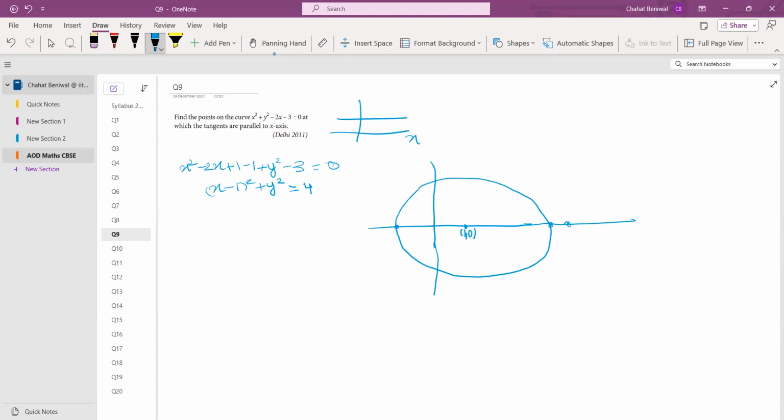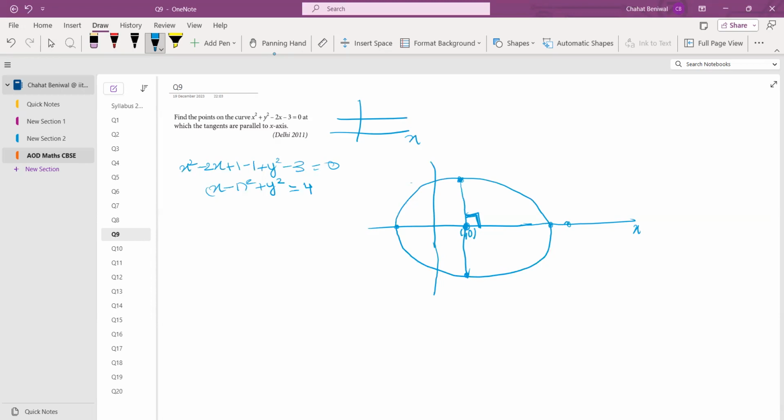So I guess it's very, very simple. I mean, we know the points which are going to be parallel to the x-axis are points which are going to be on the diameter. So this is a line which is perpendicular to the x-axis, because obviously the line must be perpendicular.